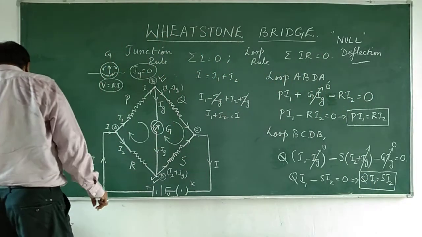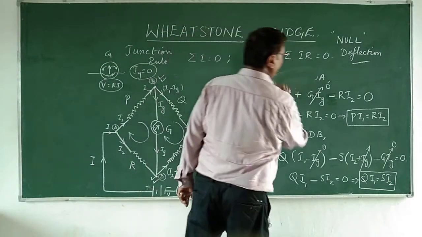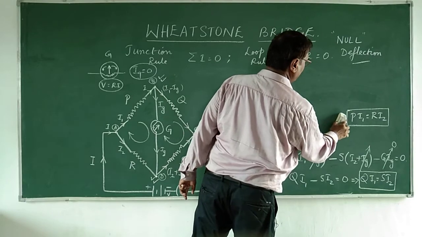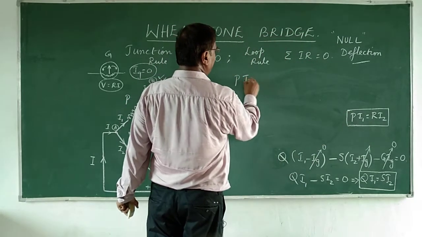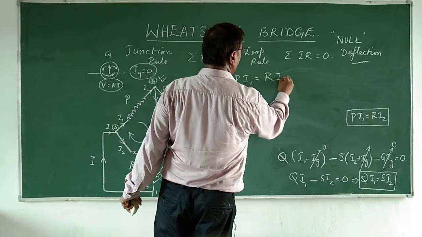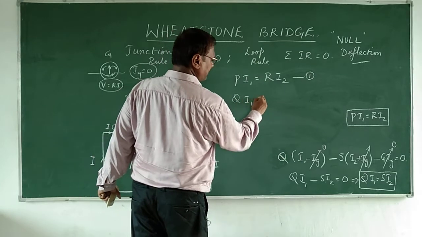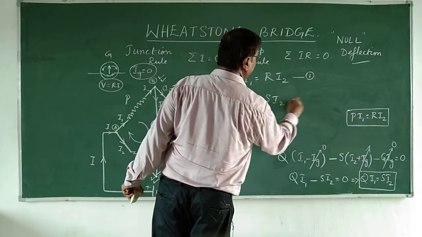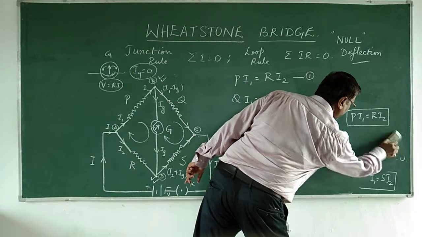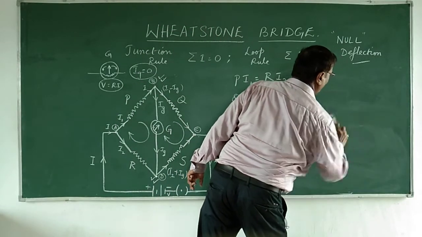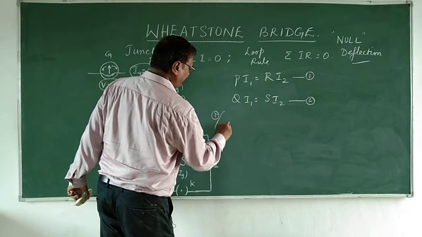Once I have done this, I remove all the other things in this and only take the result. Okay. So what is the result here? Pi1 is equal to Ri2. This is equation 1. And Qi1 is equal to Si2. This is equation 2. Right. And remove all this out of it because we need only the final result. Let us divide equation 1 divided by 2.